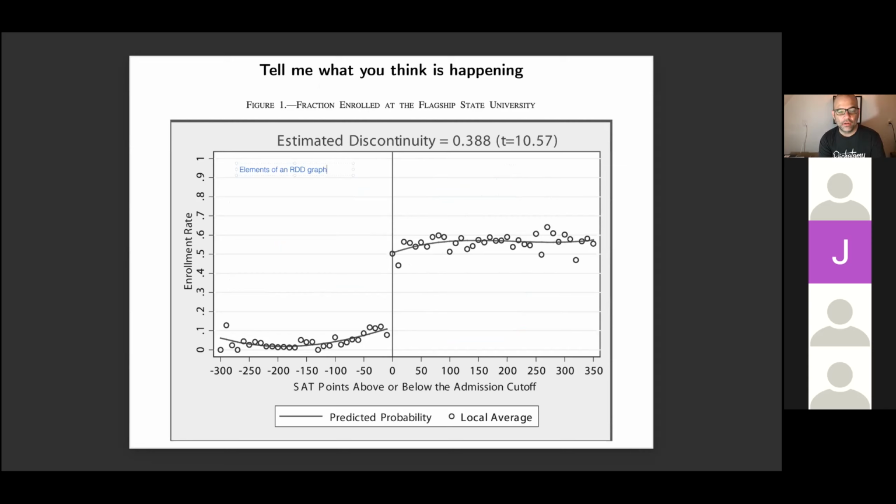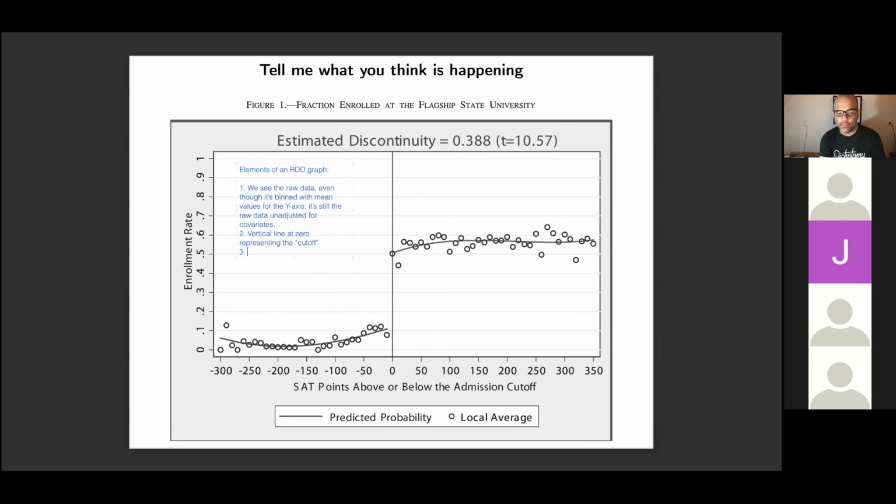of an RDD graph. One, there's a degree to which we see the raw data, even though it's been with mean values for the y-axis. It's still the raw data unadjusted for covariates, right? That's what he's showing. Two, we're going to see this vertical line at 0 representing the cutoff.